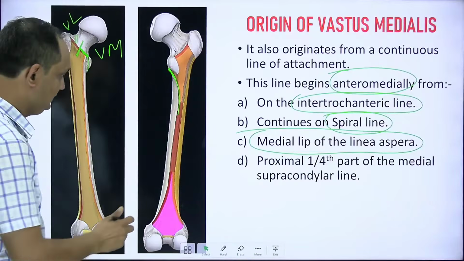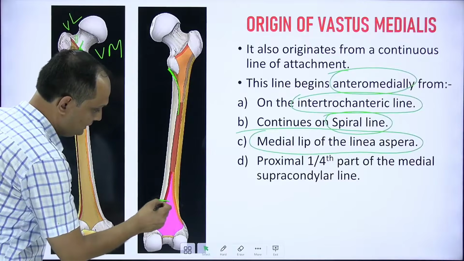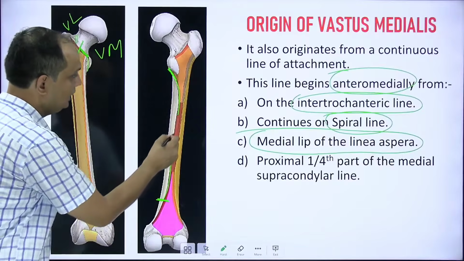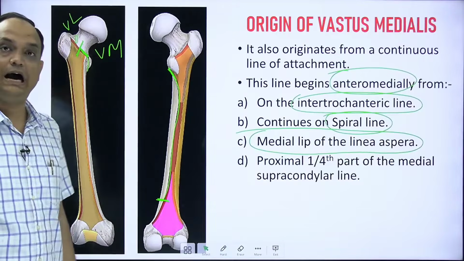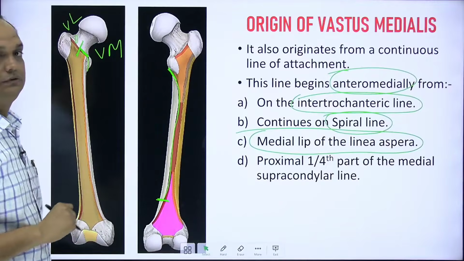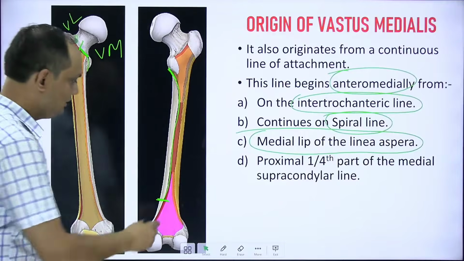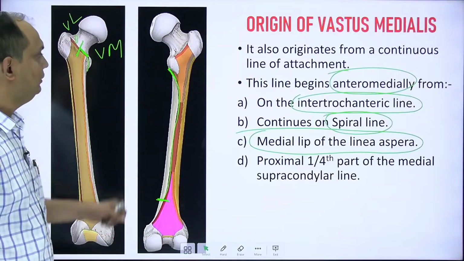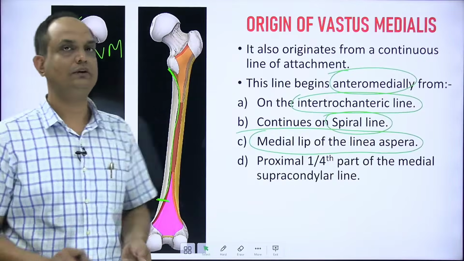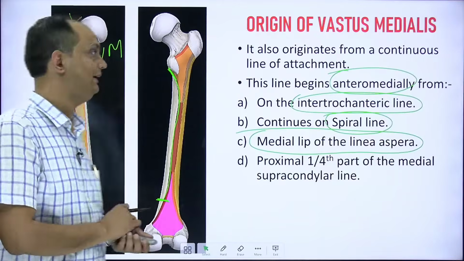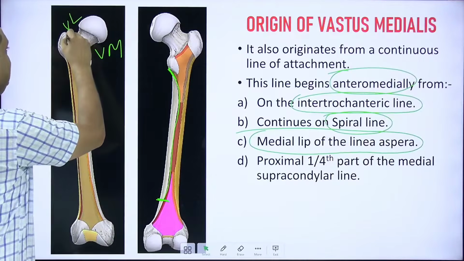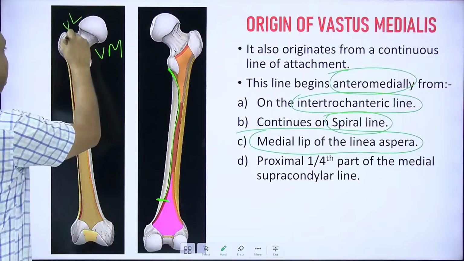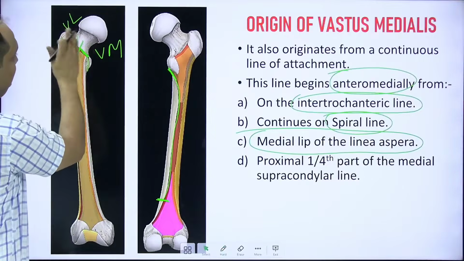So, you can see that the origin of vastus medialis is longer, and you have realized that the origin of vastus lateralis does not come onto the lateral supracondylar line. Clear? So, when you are reading the origin of vastus lateralis and medialis, first keep in mind that we divide this intertrochanteric line into two parts, lateral half and medial half.